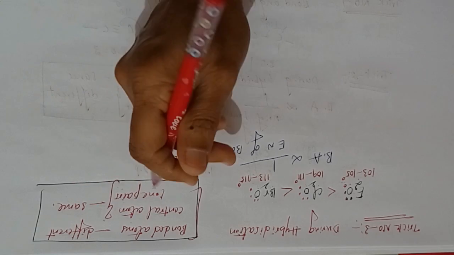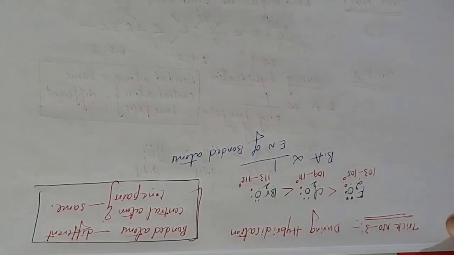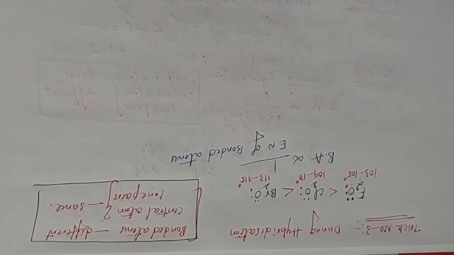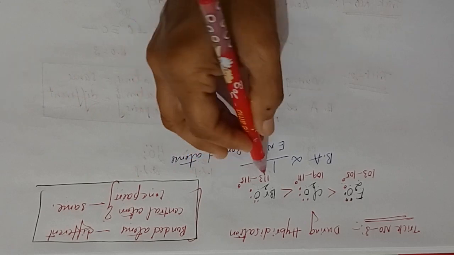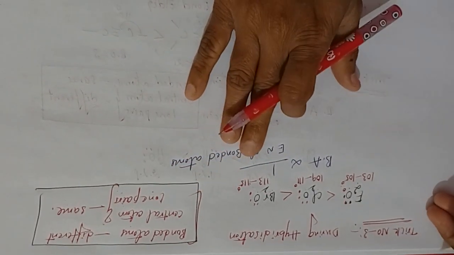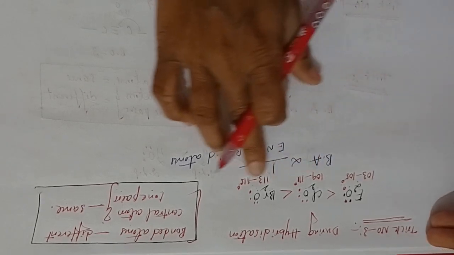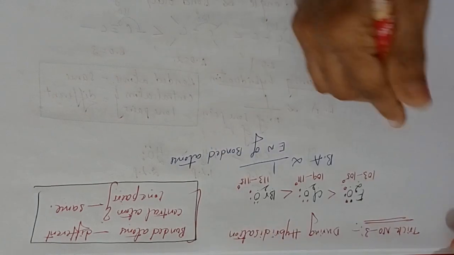Clear, students? So these are the bond angles, and they increase.